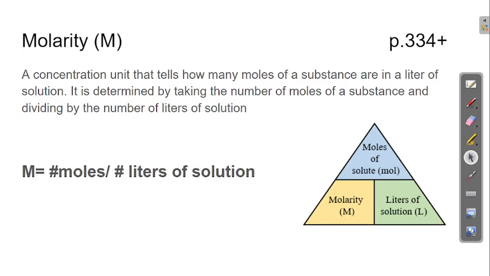A lot of times when you buy chemicals, they are solutions. They are being dissolved in water. So it tells you how many moles of that substance is inside that solution. To find molarity, you'll divide the number of moles by the number of liters in that solution. And it's very important for you to remember that it's liters of that solution.